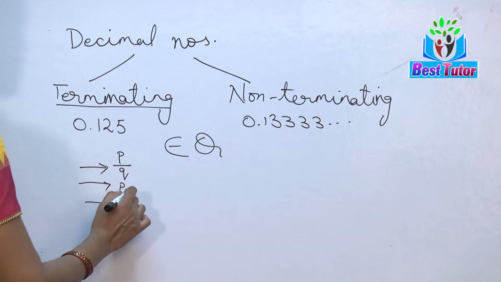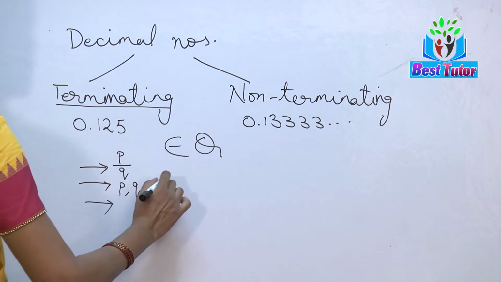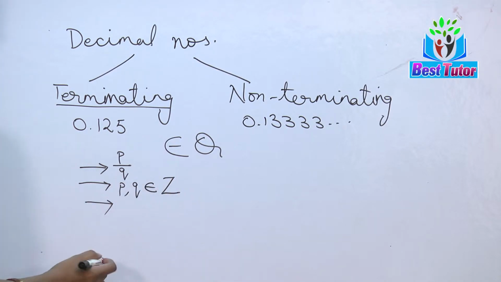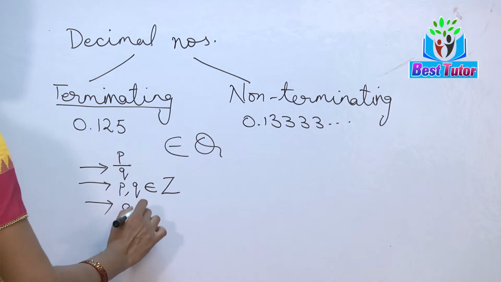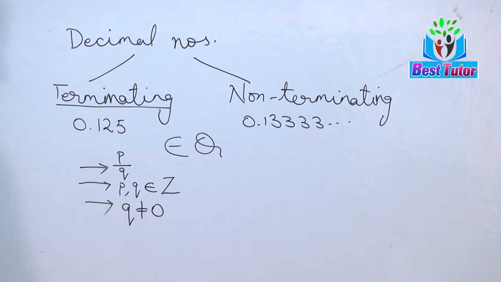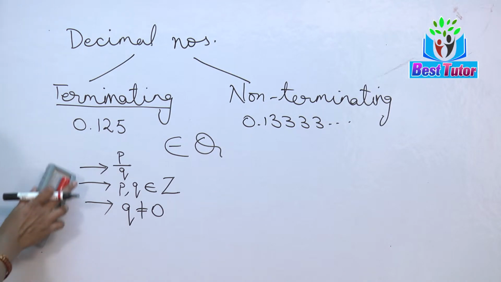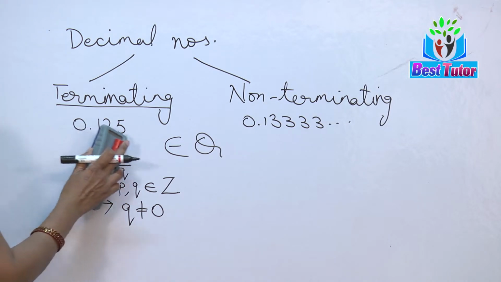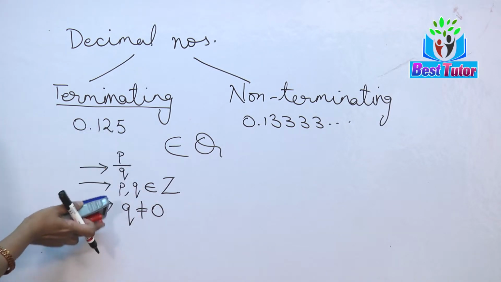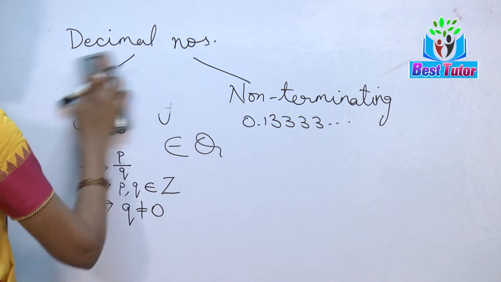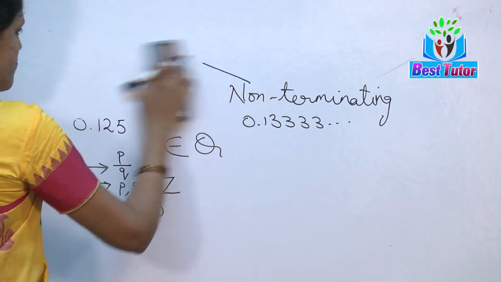The second is both the numerator and denominator are integers, and the third, the denominator is never equal to 0. So now the challenge is to prove that 0.125 satisfies all these three conditions. Let us check it in detail.